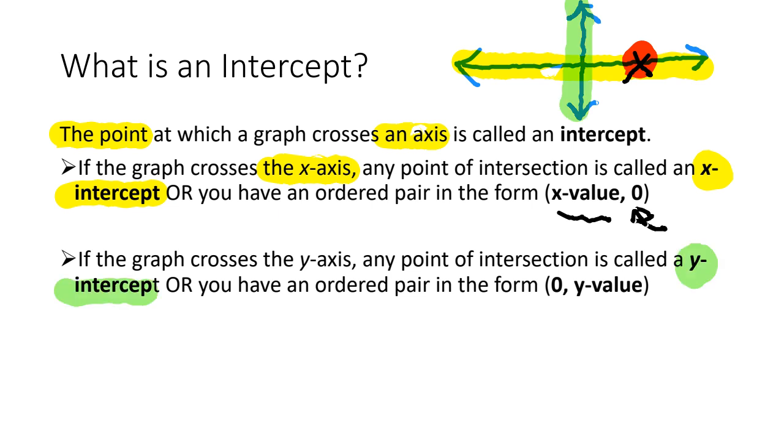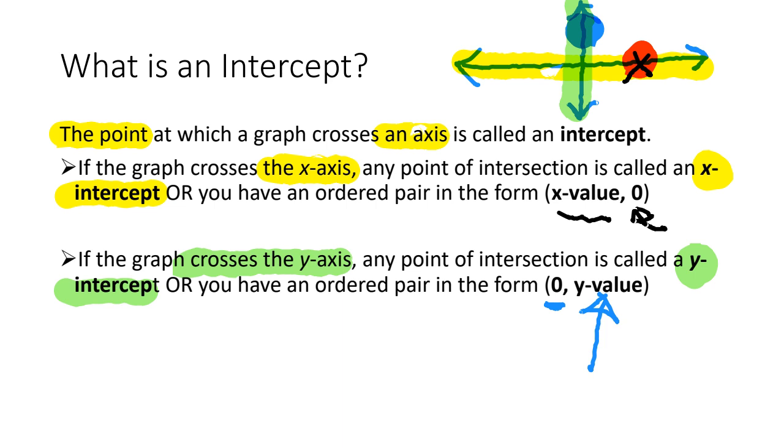Now, if there is a point on this green line, and let's say I'm going to put it up here, it can be anywhere it wants to on the green line, okay, it is going to have a 0 coming first, but a value for Y following behind it, because the Y-intercept crosses the Y-axis.